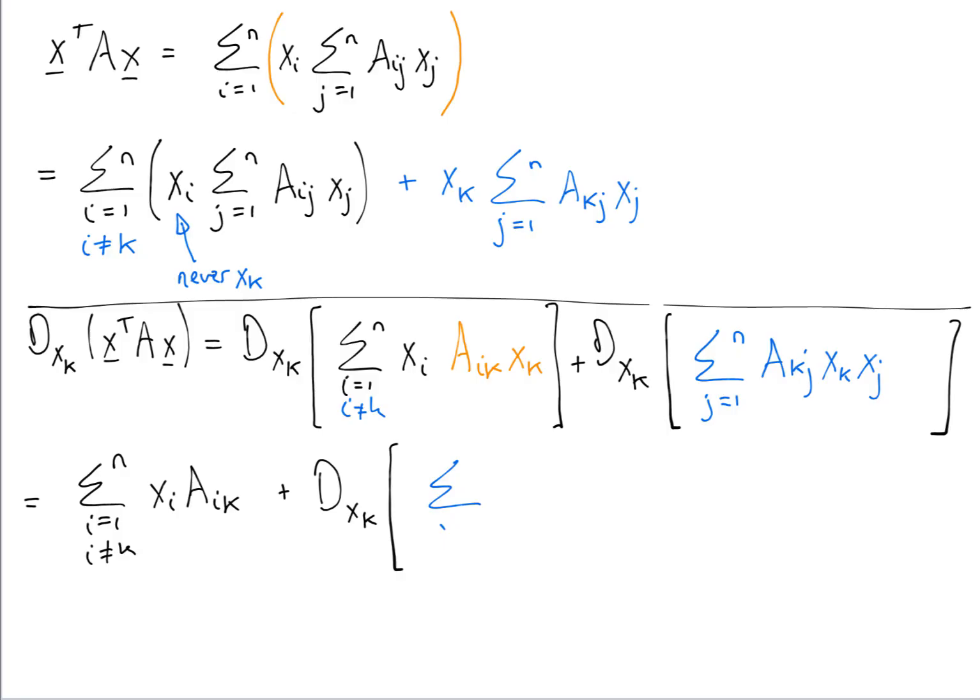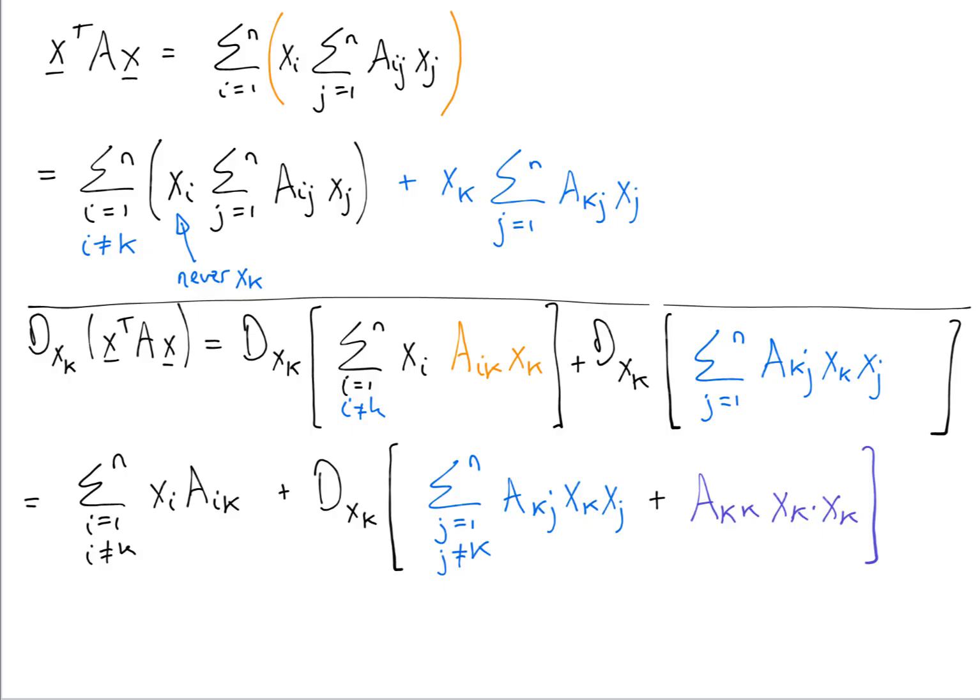So we'll have the sum j equals 1 to n, j differs from k, of a_kj xk xj. And the term that we are popping out is the term when j is equal to k, and so we get a_kk xk times xk, so xk squared.